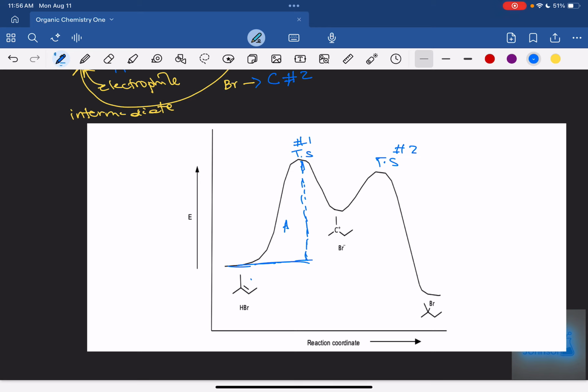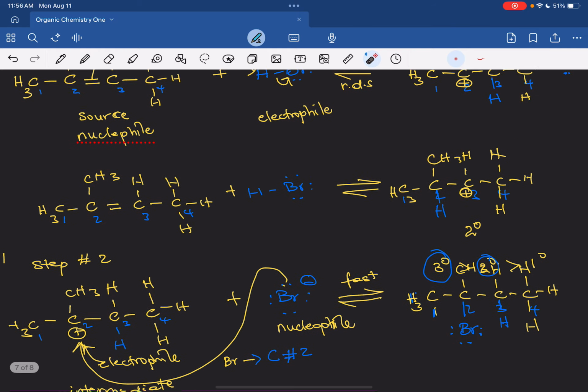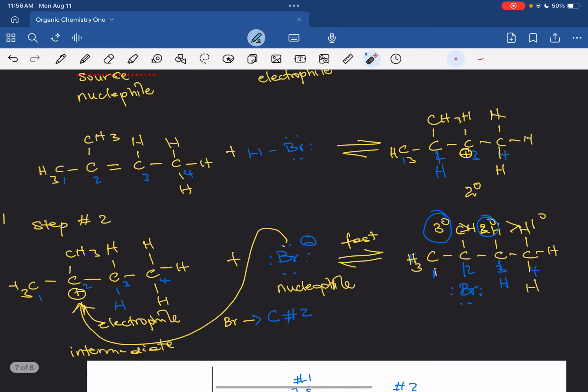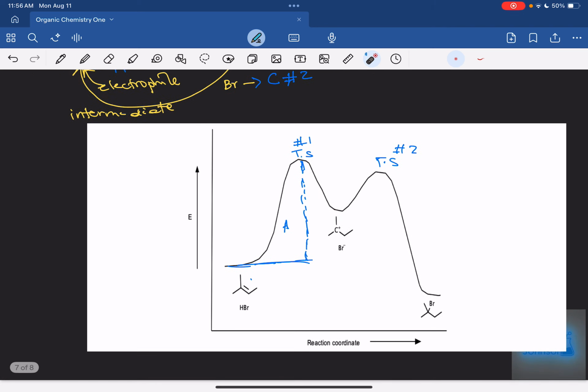So we will react your alkene with HBr, right? Remember what happens in that first step? Let's go back here. Your first step is where the double bond breaks and your hydrogen adds to carbon 3, and the bond between the hydrogen and the bromine breaks, right? Now, your transition state is exactly what the word transition means in English.